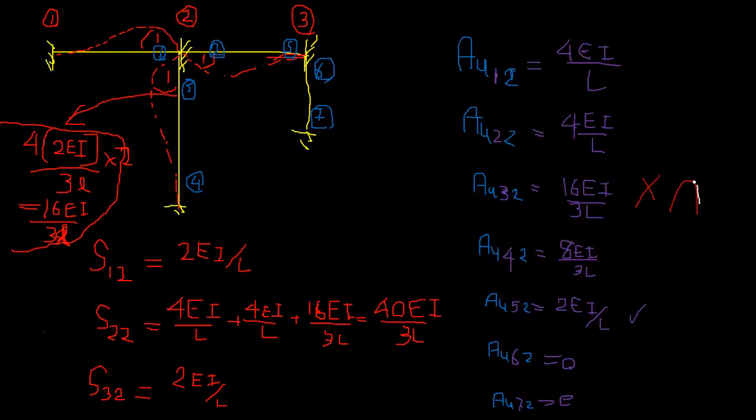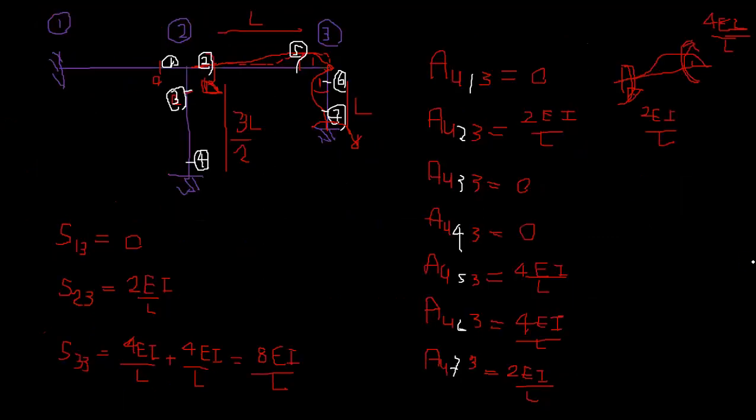These things should be multiplied by the original displacement at B. That's theta B, because everything is rotated by theta B, right? It's the same amount, the rigid joint, right? So everything should be multiplied by theta C, right?